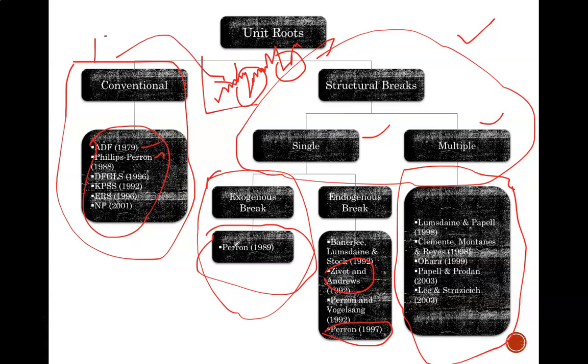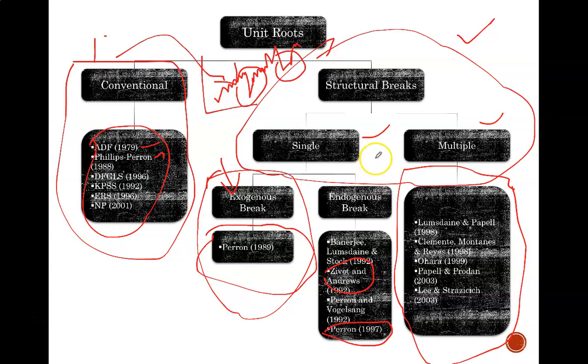That impacted every sector, and that is a significant structural break. So exogenous means that you determine that 2020 has a break.